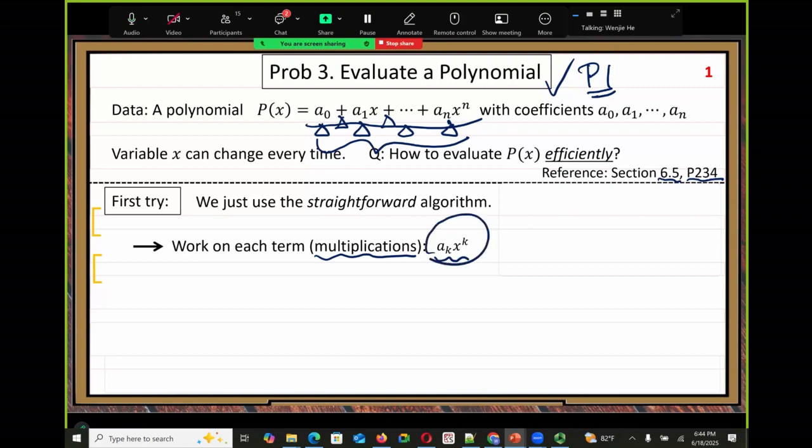Suppose the k number is given. If you know the k number, then you need to calculate the a sub k coefficient times the monomial x to the kth power. To calculate this term, how many multiplications do you need?